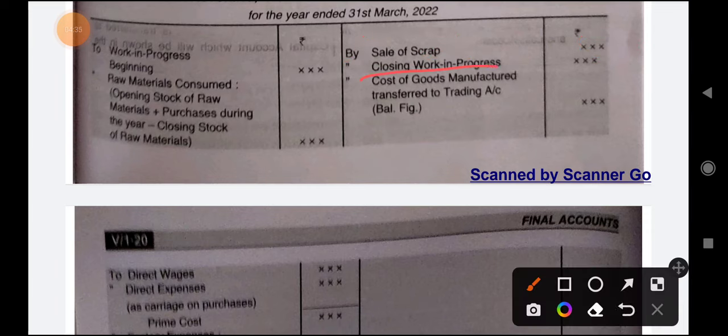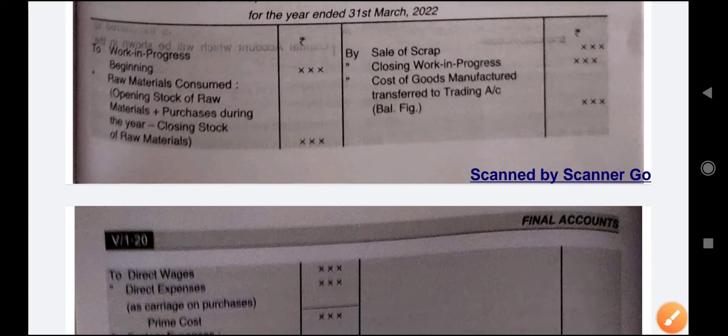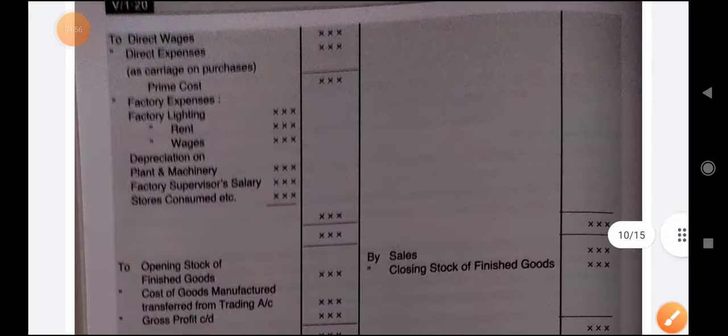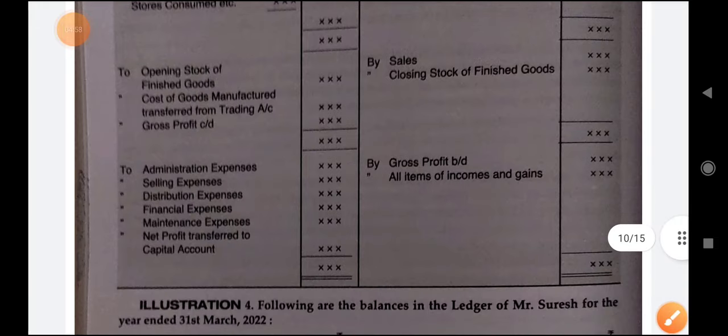Closing stock of work in progress you need to take on the credit side. Debit total minus these two, sale of scrap and work in progress, we will get the cost of goods manufactured, which will be your balancing figure, transferred to trading account. This will be transferred to which account? Trading account. So the next continuation is our trading account.